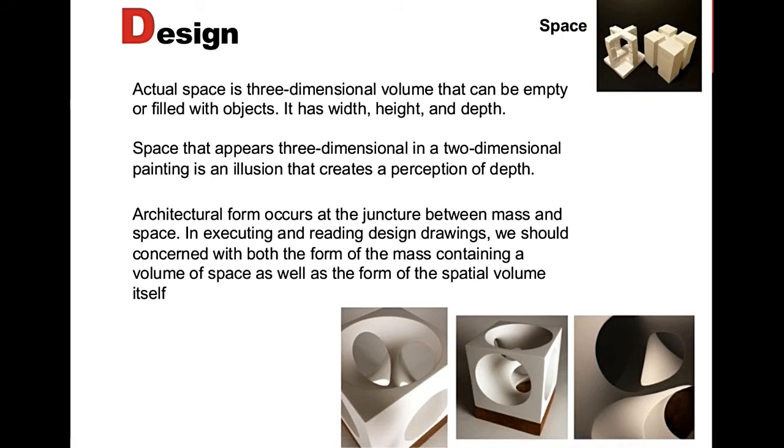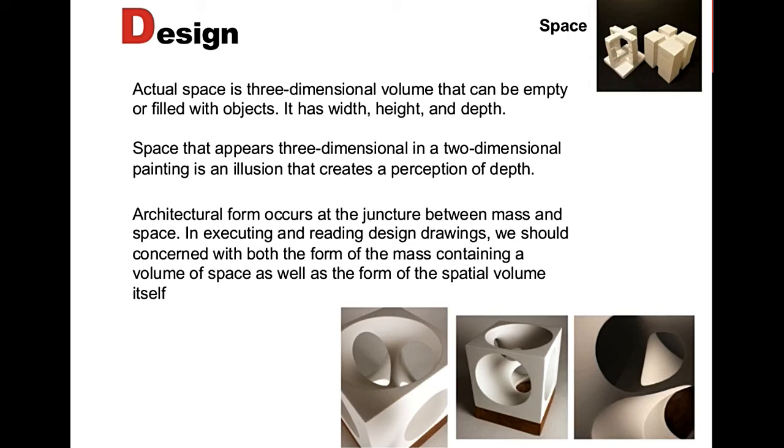An actual space is a three-dimensional volume that can be empty or filled with objects. It has width, height, and depth. Space that appears three-dimensional in a two-dimensional painting is an illusion that creates a perception of depth. Architectural form occurs at the juncture between mass and space.